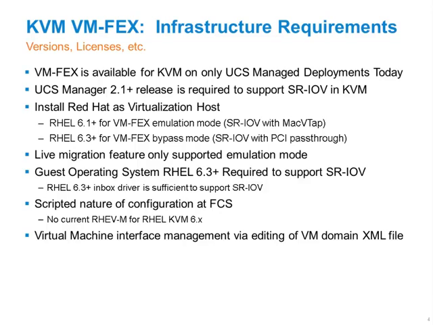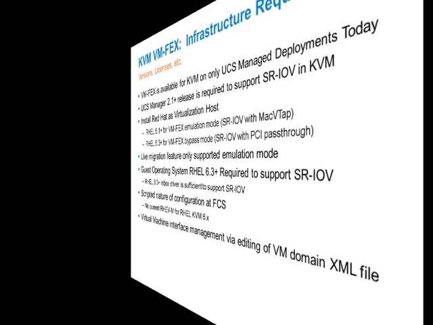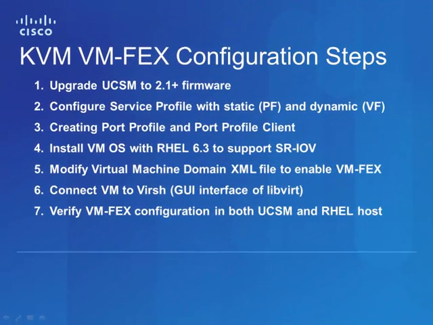Guest operating systems need to have the same Linux kernel as the host in order to enable SR-IOV functionality. Currently, there is no integration with Red Hat Enterprise Virtualization Manager, and manual scripting is required to modify the virtual machine domain XML file. This slide highlights the configuration steps for KVM VM-FEX.